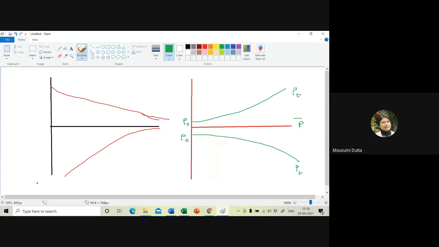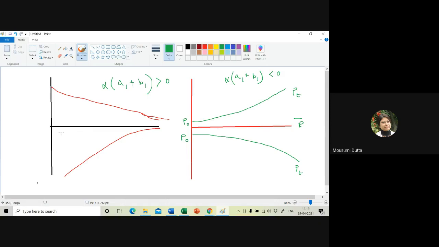This kind of time path you will get if alpha into A1 plus B1 is positive.